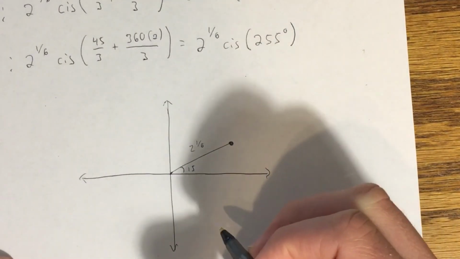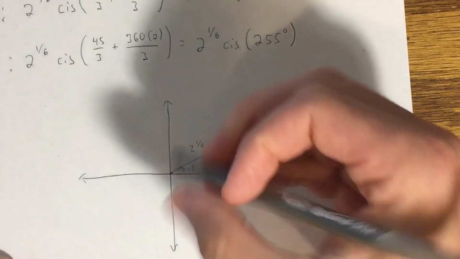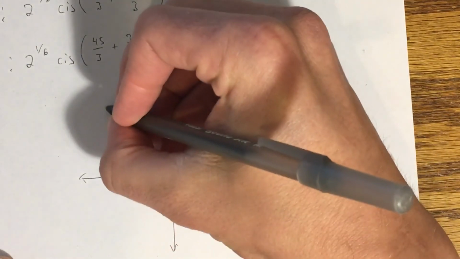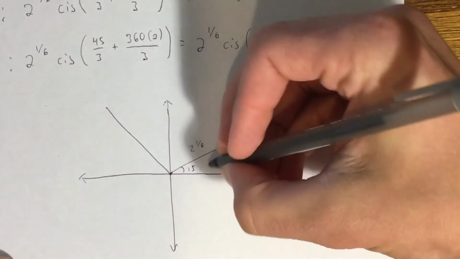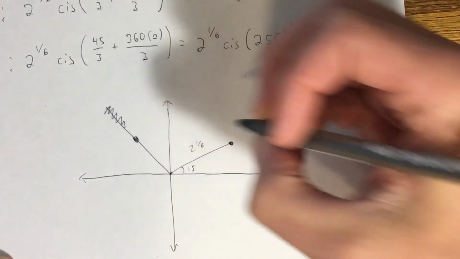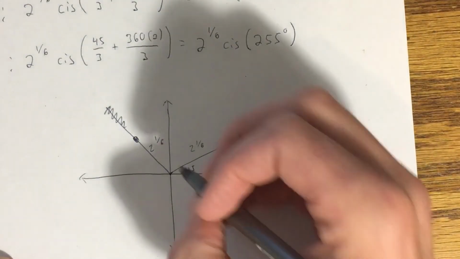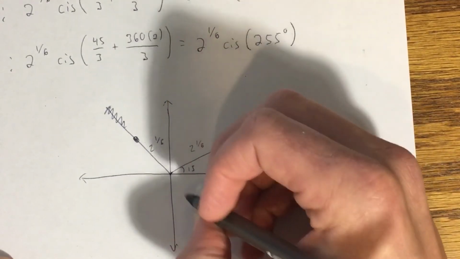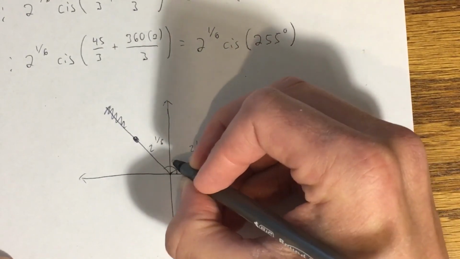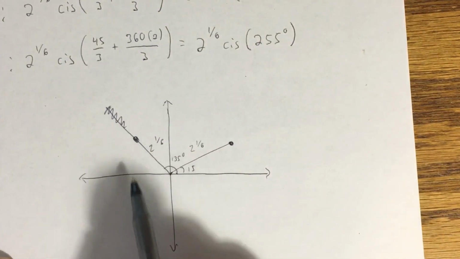And then if I plotted the next one, 135 degrees, whoops, I went too far. Ignore that part. That would be 2 to the 1/6 power. That's the absolute value, so that's the distance. Here we have 135 degrees, and that's where my second complex number would be.